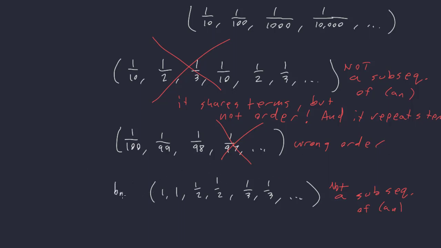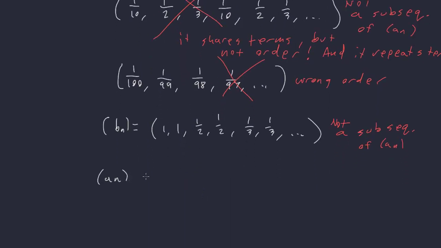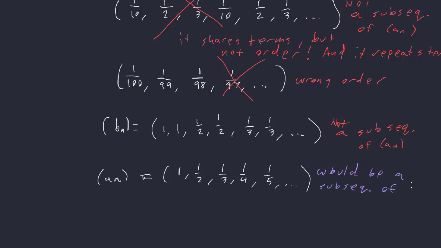However, if I called this sequence b_n, then a_n, which is 1, 1/2, 1/3, 1/4, 1/5, etc., would be a subsequence of b_n, because it just grabs the first one, this 1/2, this 1/3. I'm only grabbing one out of all of them. So a_n would be a subsequence of b_n, but not the other way around.